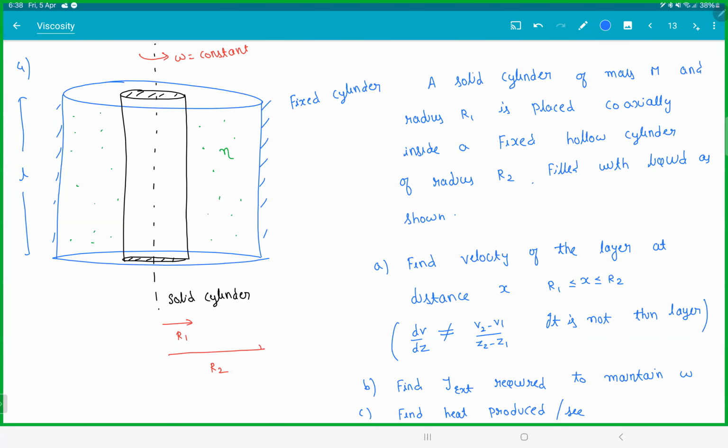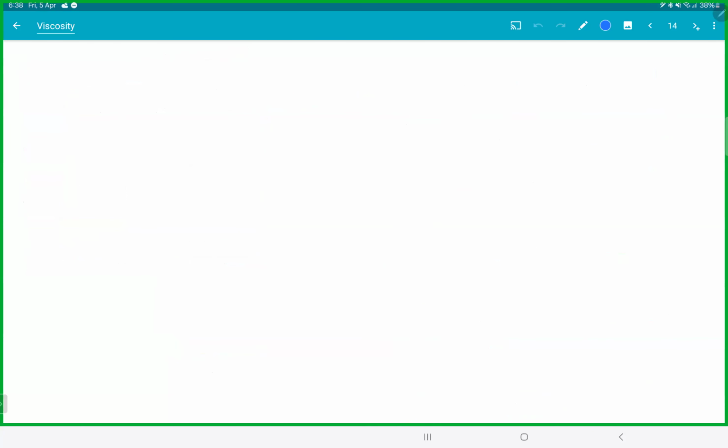Let's try to understand the diagram. In this, each layer is going with different velocities, right? Each layer is actually going with different omegas. You can say that.